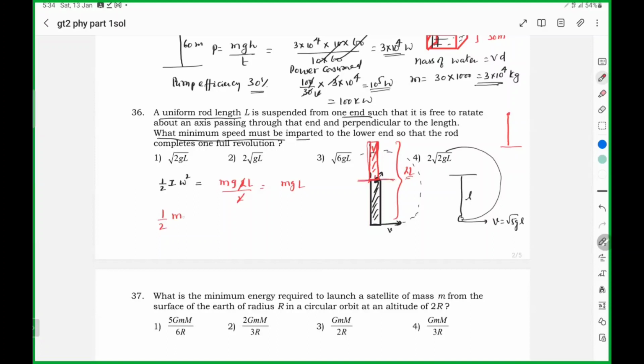Moment of inertia about one end will be mL square by 3, so (1/2)(mL²/3) omega square equals mgL.